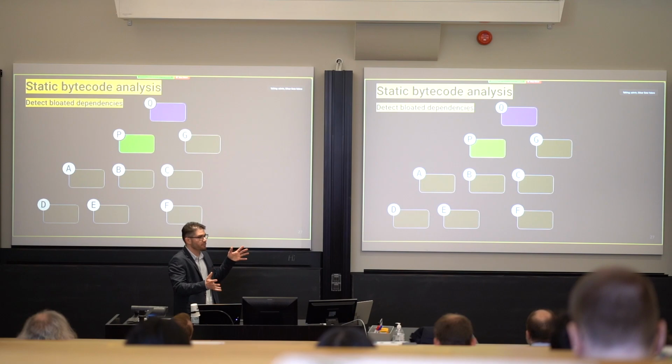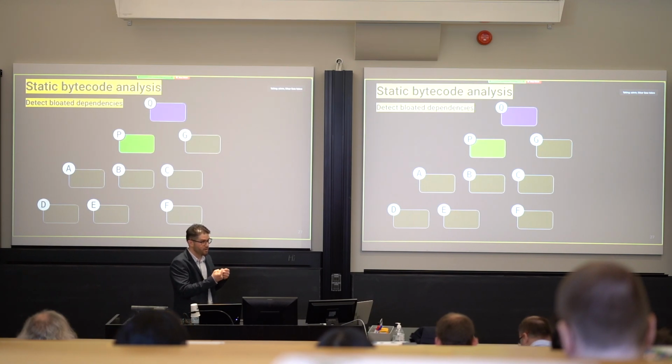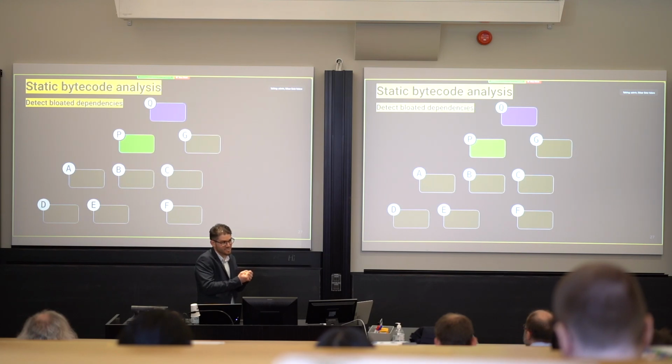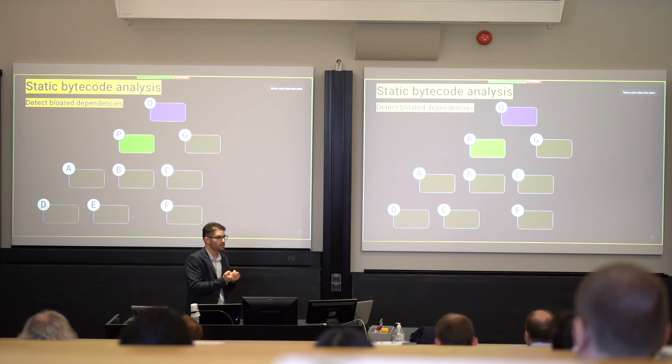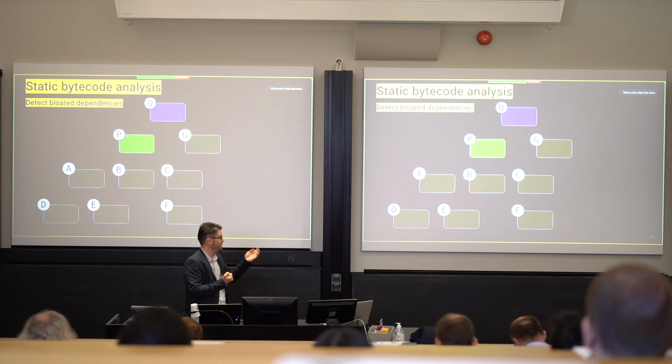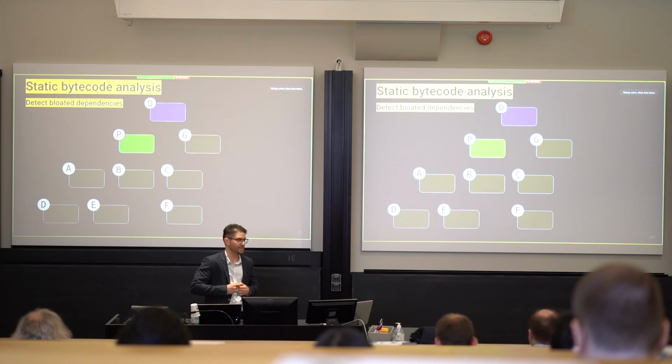So what I showed you before is what happens in the dependency tree. It's in the configuration file. It's the analysis that is done by the package manager. But actually, what the project needs is the code. It's the code that is in the dependencies, where it is executed. And in order to know which code is actually needed by this project P, we perform a static bytecode analysis.